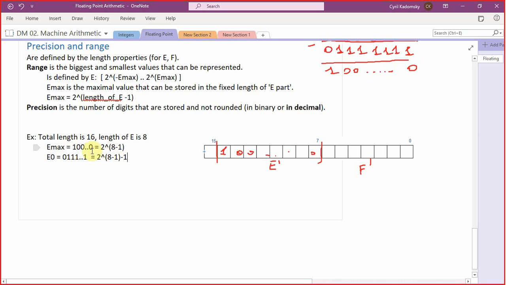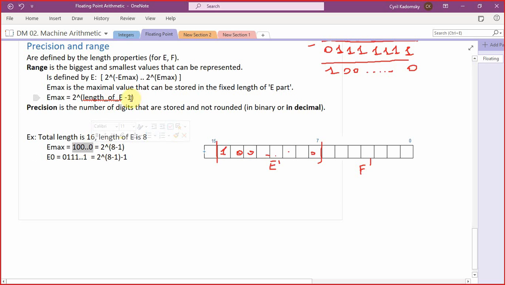So the maximal exponent and the bias are actually quite the same thing. And even more, the exponent cannot quite reach this maximal number. The maximal number is reserved for special cases.